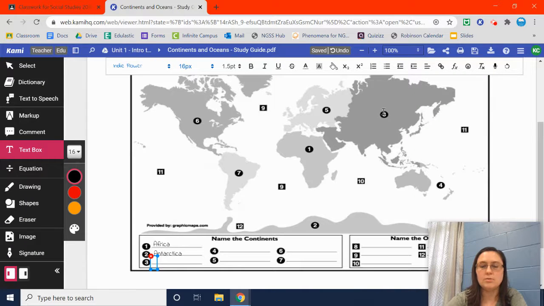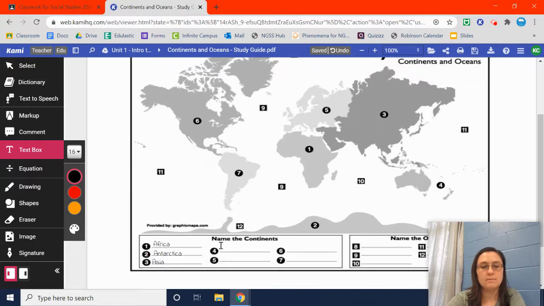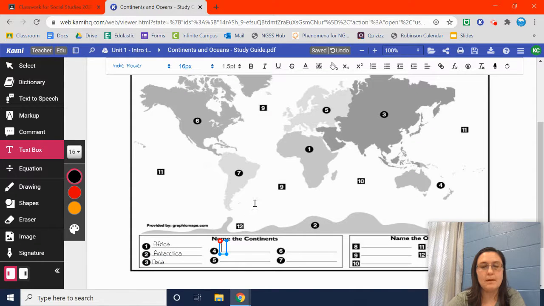Number 3 is right here. This is where China is. That is the continent of Asia. Number 4 over here, it's all of this. That is Australia.